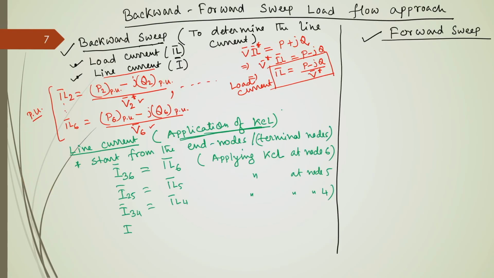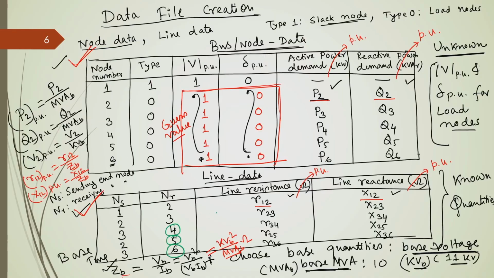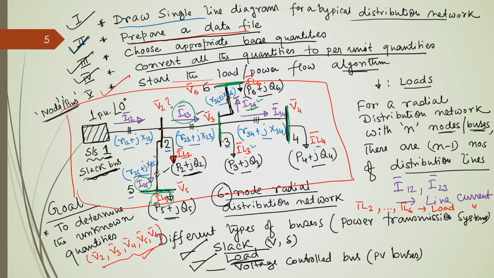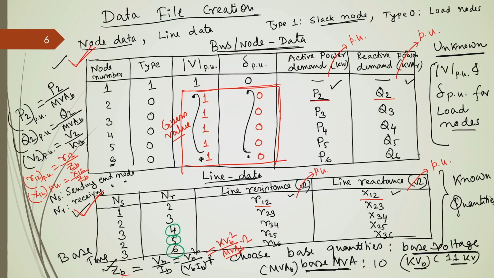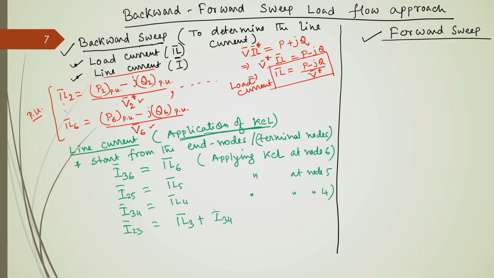So, what we can write? I23 is equal to IL3 plus I34 plus I36. This is again by applying KCL at node 3. Then I12 we can also determine.